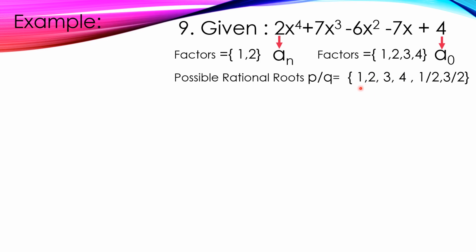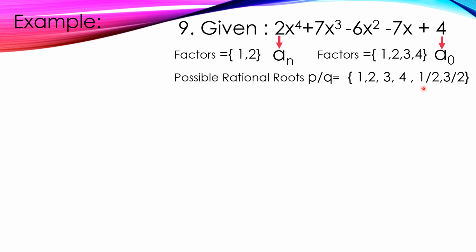So therefore, this is the set of the possible rational roots in the lowest term. So we have 1, 2, 3, 4, 1 half, and 3 over 2. So another way is to simply copy all the factors, the set of factors of the constant term, which is 1, 2, 3, 4.